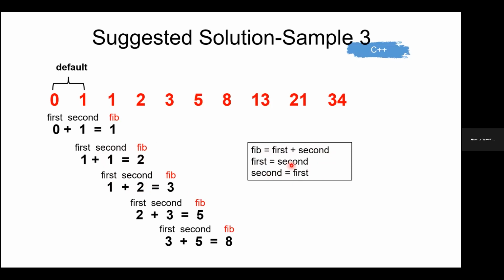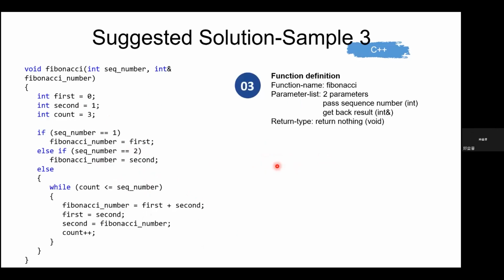Then we proceed to here. This is how we actually program it. Fibonacci number equals first plus second, this is the first thing that we mentioned. And then we update: the second becomes the first, and the current Fibonacci number becomes the second. This is used to find the next Fibonacci number.